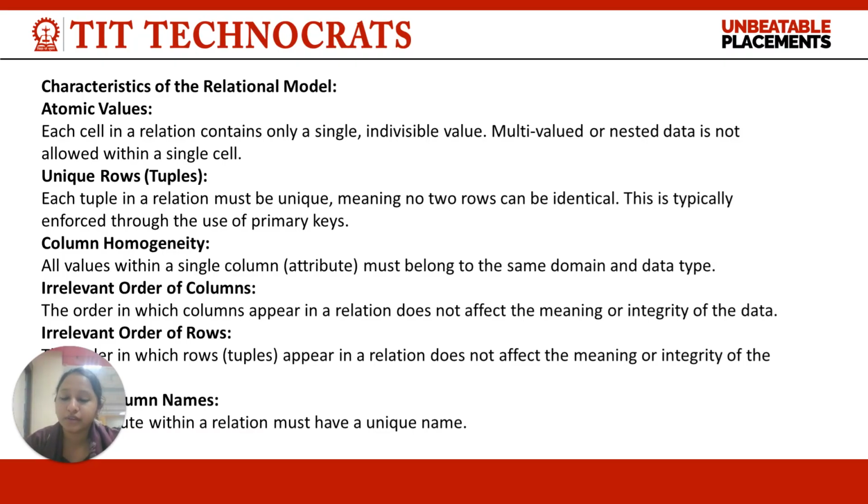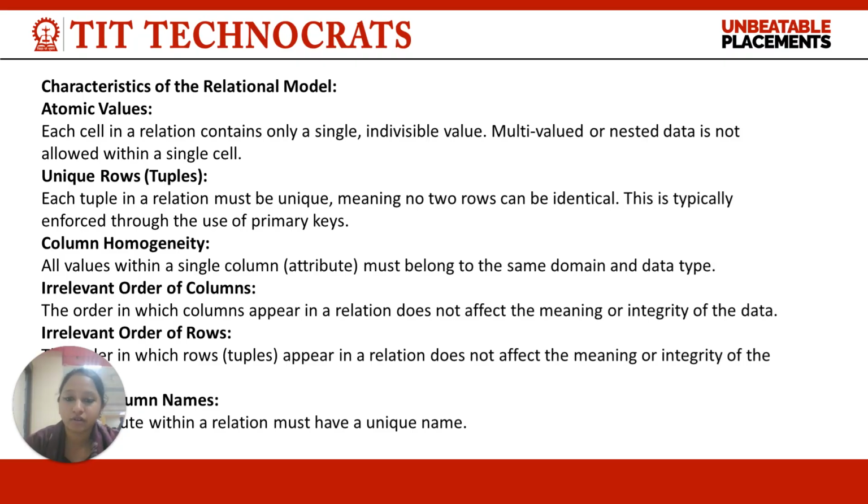Next we have unique rows or tuples. Every row in a table must be unique. No two rows can be exactly the same. This is usually ensured by using a primary key. Then comes column homogeneity. All the values in a column must be of the same data type and belong to the same domain.